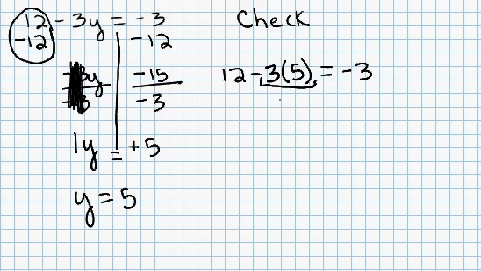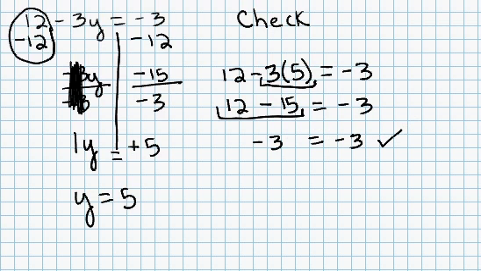So 3 times 5 is 15, and bring down the rest of the problem. And then 12 minus 15 is negative 3. And since negative 3 does equal negative 3, that means that I have a correct answer.